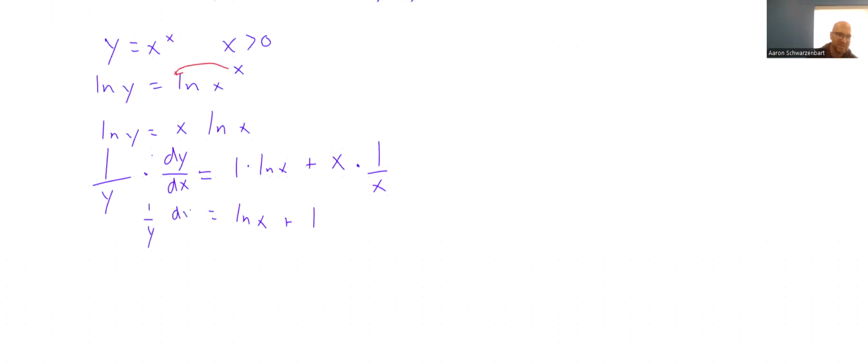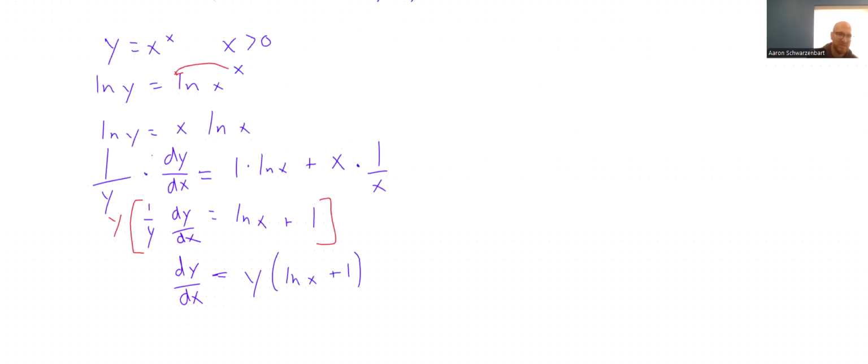I need to solve for dy dx like in all cases with implicit, which means I'm multiplying by y. That gives me just dy dx on the left side, and I'm not going to distribute the y in here. I'm going to leave it factored out.